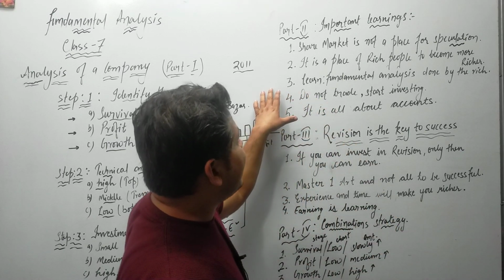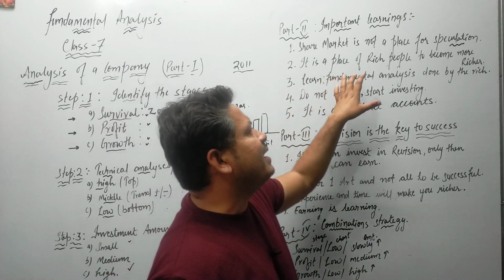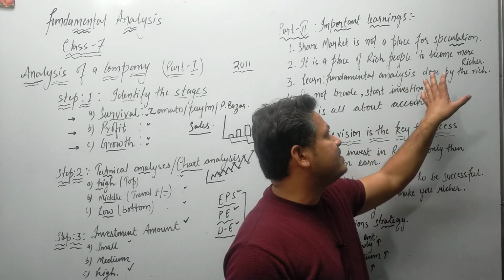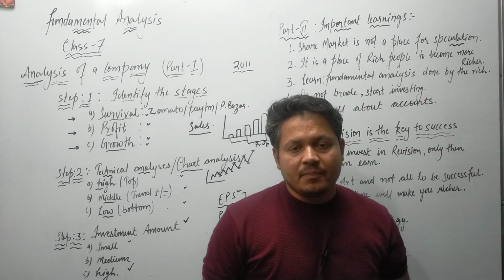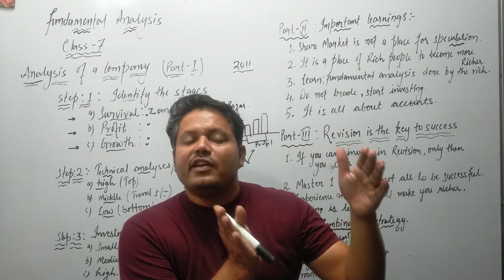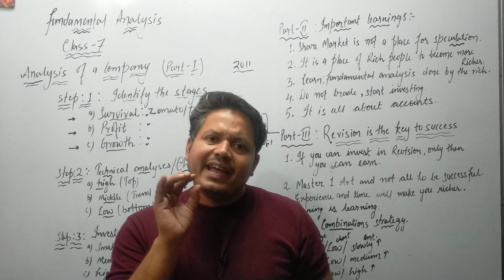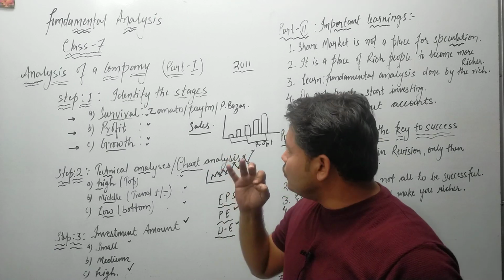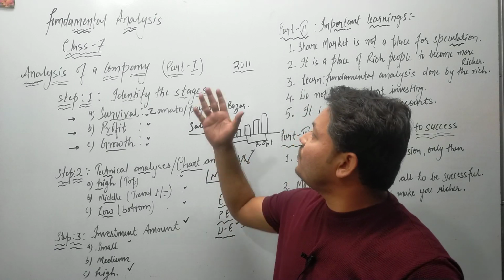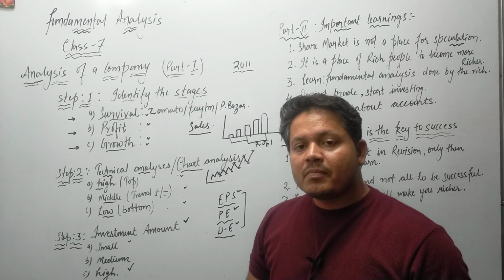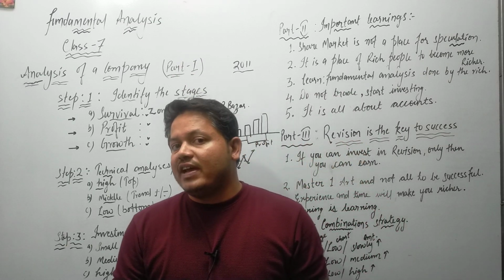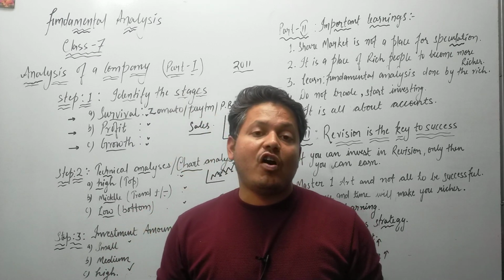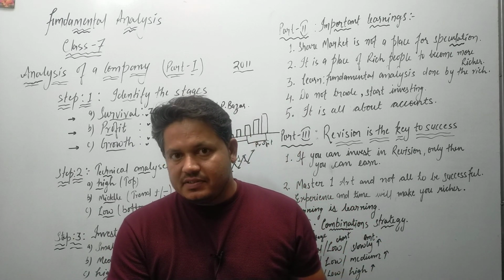Next thing is learn fundamentals, or fundamental analysis, done by the rich. How do rich people invest their money? Do they invest on the basis of technical analysis? Do they invest on the basis of fundamental analysis? They do invest their hard-earned money with the help of wealth advisors.